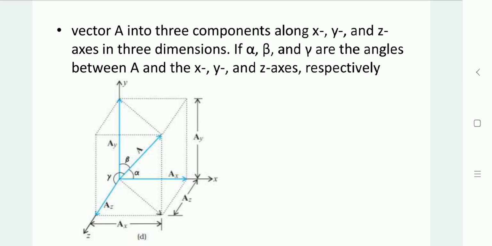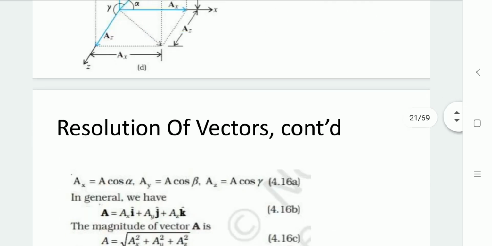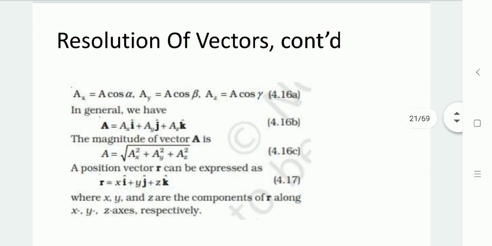If we want to get its magnitude, vector A is specified in all three directions, like A_x i caret plus A_y j caret plus A_z k caret. To take its magnitude A, as we have done for the two coordinate system x and y, the same equation can be utilized here for three coordinates.